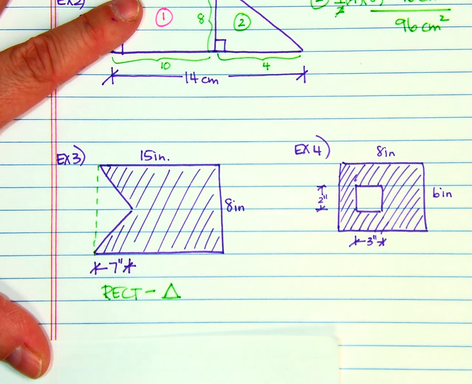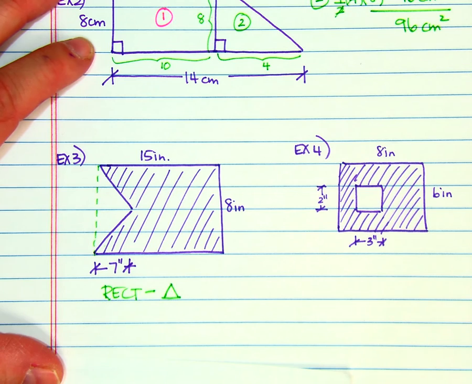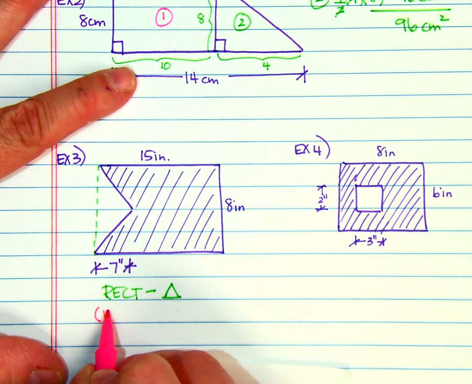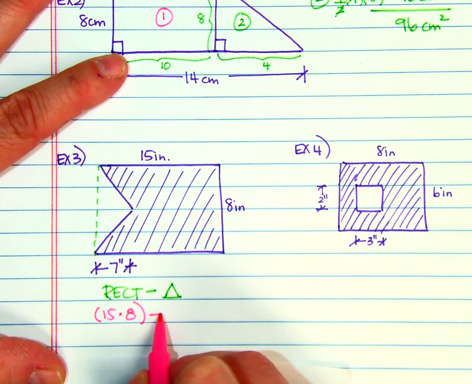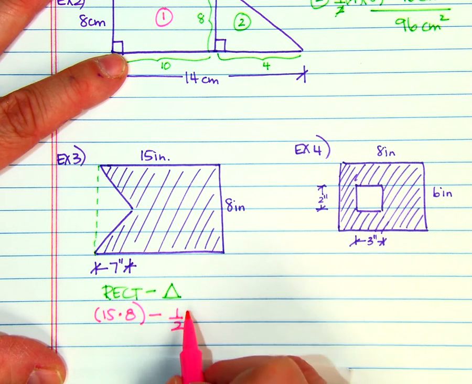So I'm going to go ahead and subtract my parts instead. So I'm going to find the area of the rectangle, which is 15 times 8. And I'm going to subtract the area of my triangle, which is 1/2, the base.